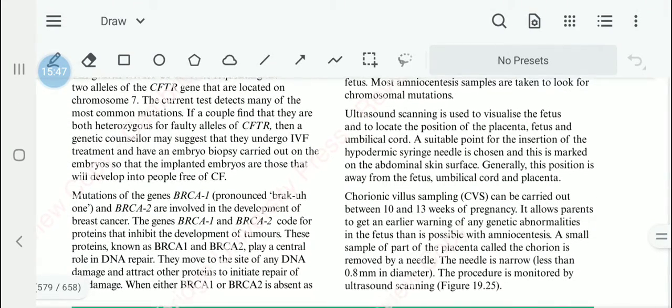All of these activities are supported by ultrasound scanning. They can see whether any damage is being caused, and they can visualize the fetus, locate the placenta, and carefully take these samples out.